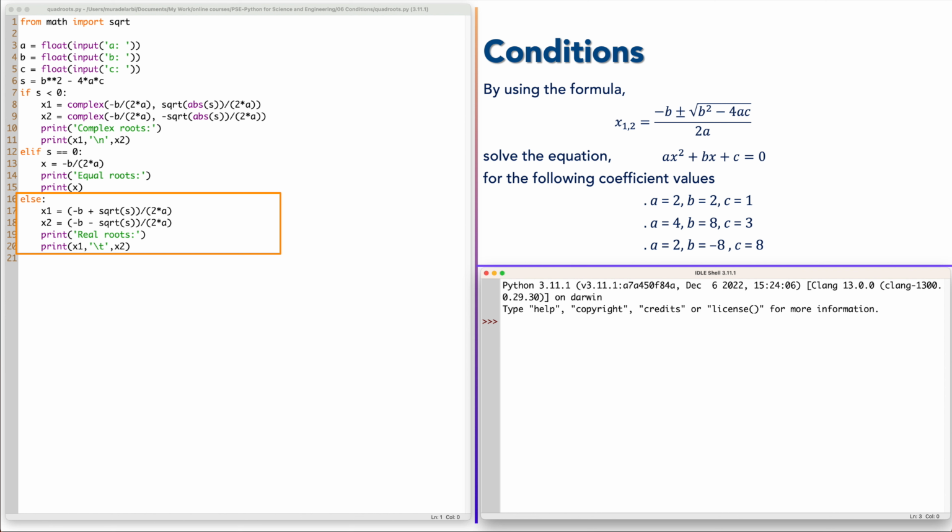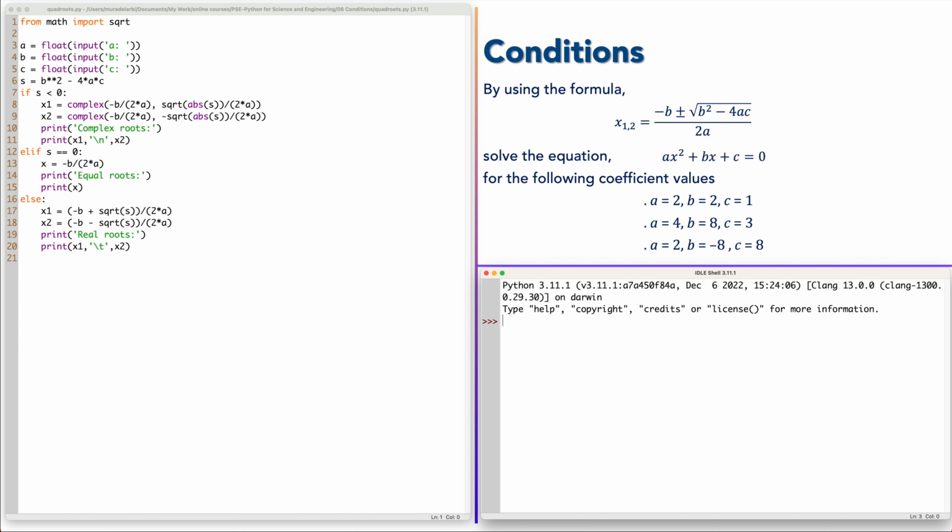Finally, as I said, we leave the general situation, the most common situation that we always have real roots, to the else, because this is the only remaining situation in this case. And we calculate x1 and x2 according to the equation and print the title real roots with the values.